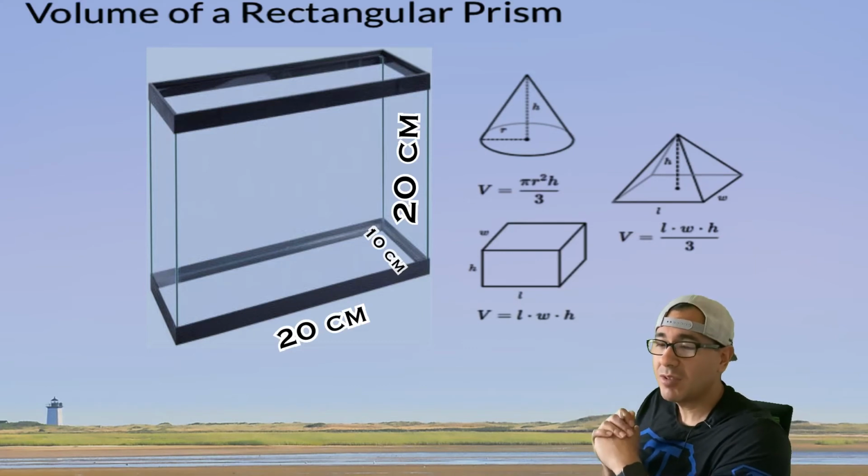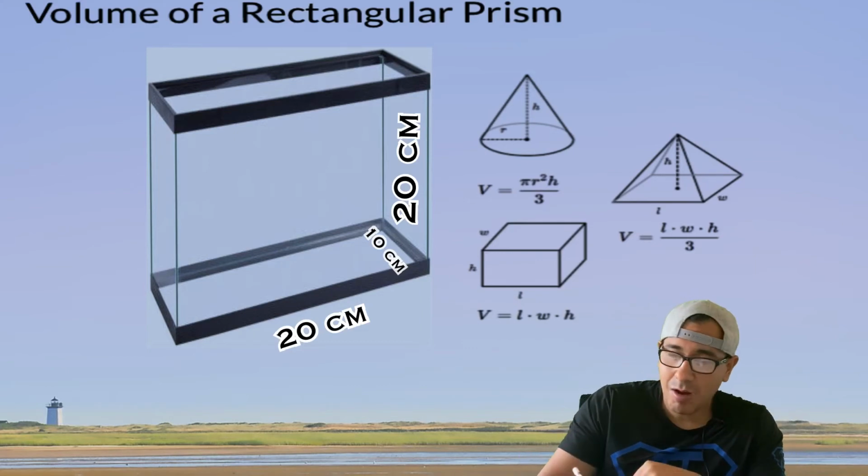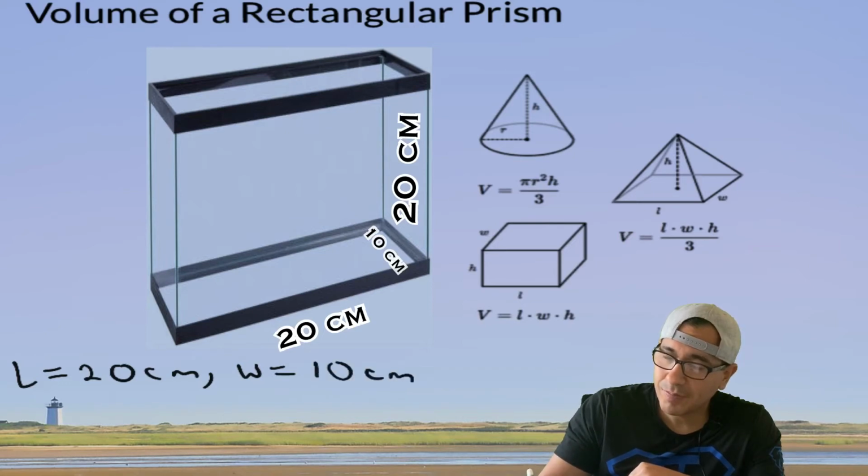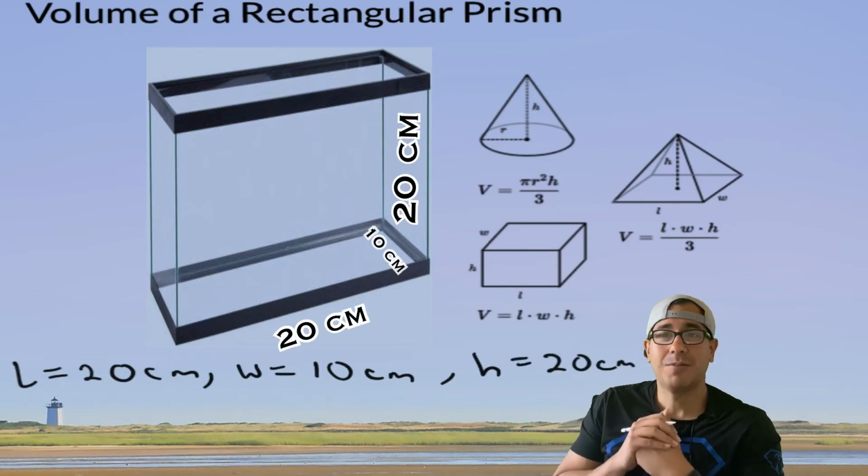So let's write down those numbers. Our length, we said, is 20 centimeters. Our width, we said, is 10 centimeters. And our height is 20 centimeters.